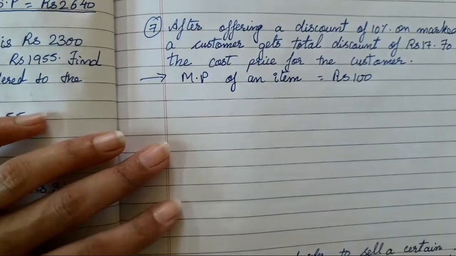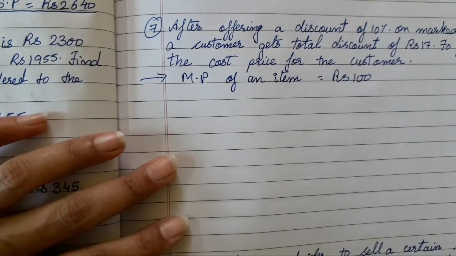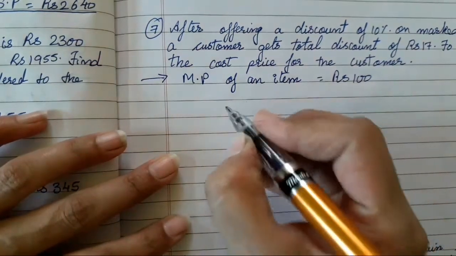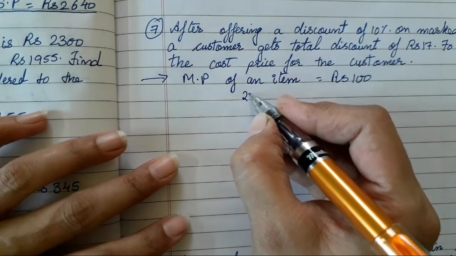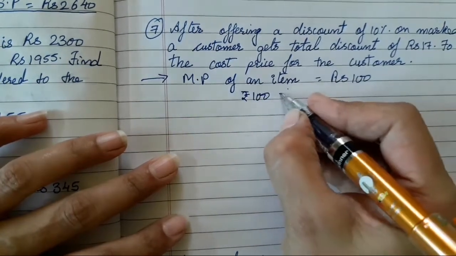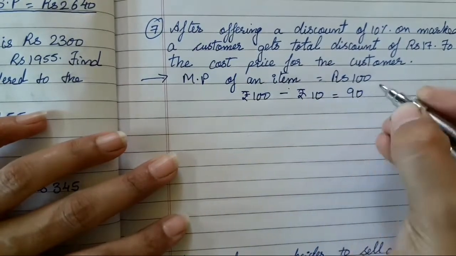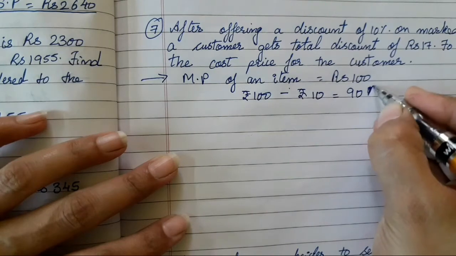Okay, therefore the customer that item cost is rupees 100 minus rupees 10 is equal to 90 rupees.